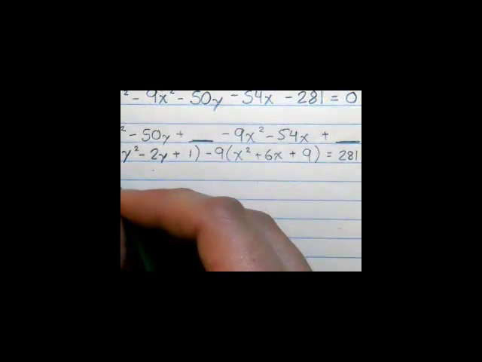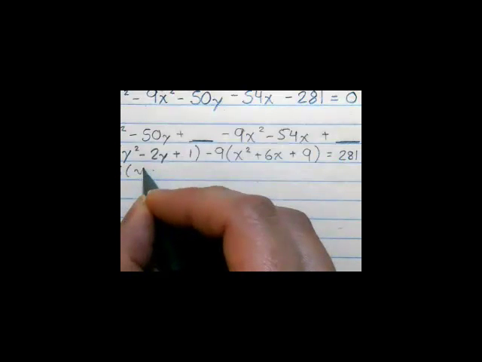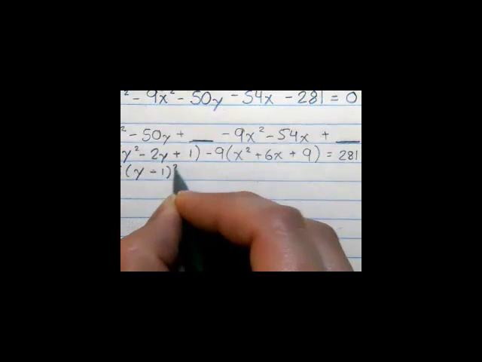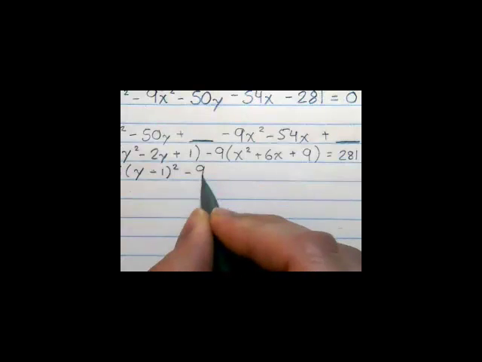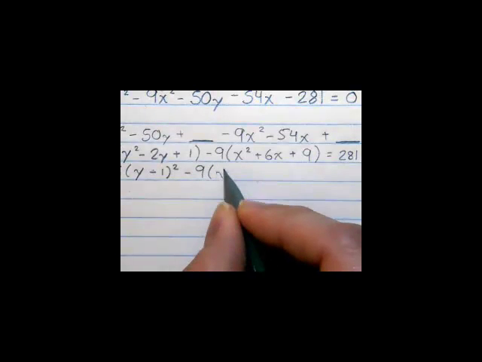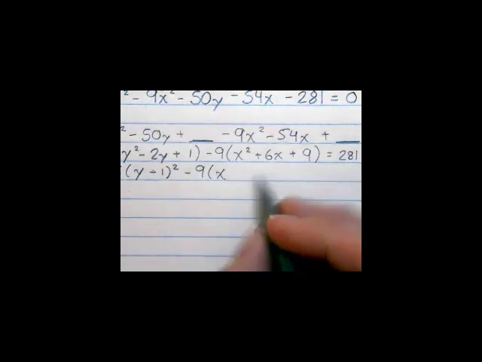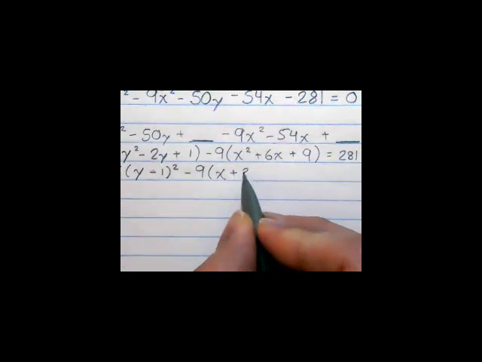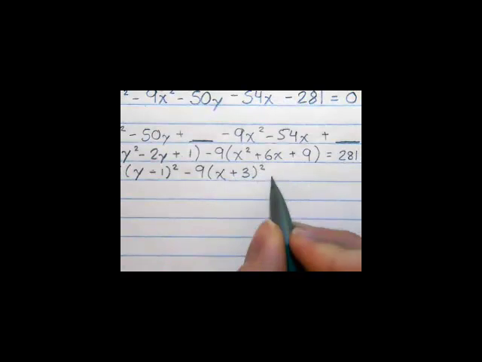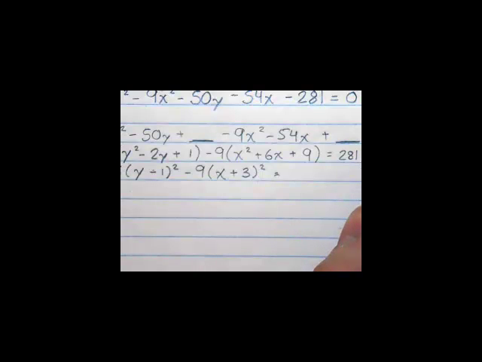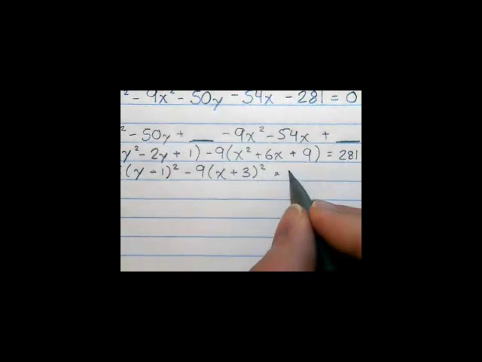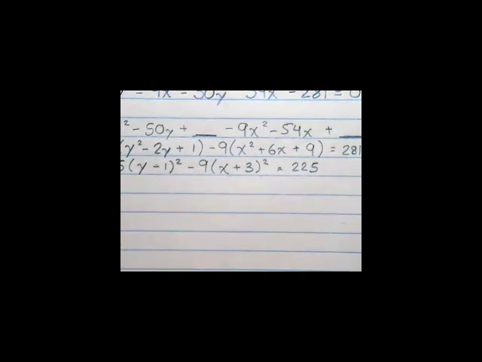Alrighty, let's complete our squares finally. So this is y minus 1 squared minus 9 times x plus 3 squared. And what does this come out to? 225, perfect. Then I've got to divide everything by 225.